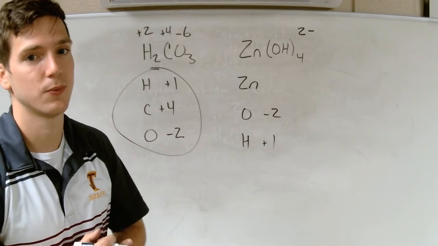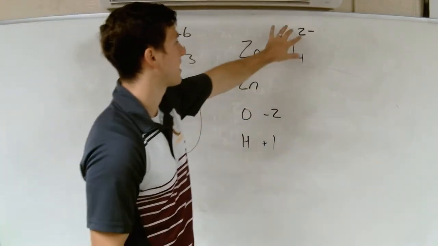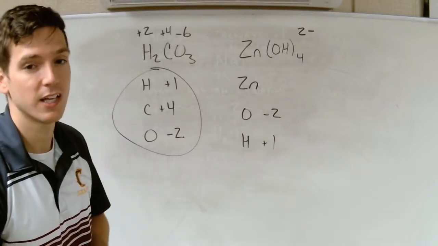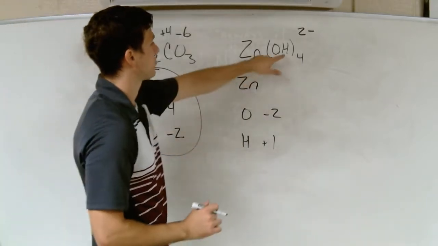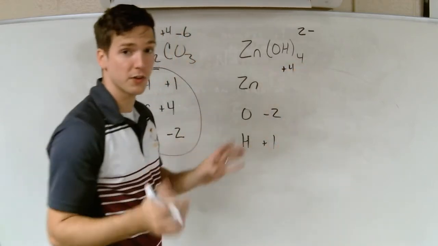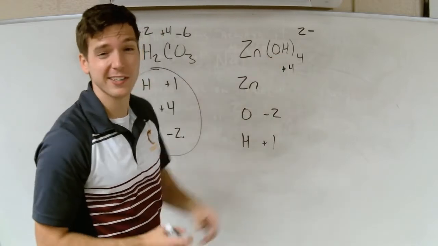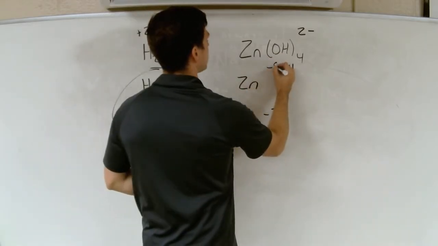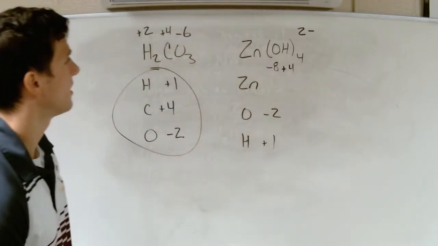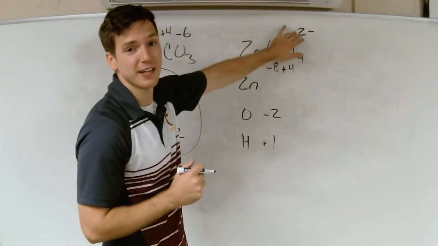So now we got to figure this out. We got to combine all these guys and make sure I match that 2- charge at the end. Let's see, hydrogen has a +1, I have 4 hydrogens, so that means I have a +4 charge on all of those. Oxygen is -2, I have 4 oxygens, so that means I have a -8 oxidation number on all those. So again, remember, we are trying to match this 2- charge on the top.